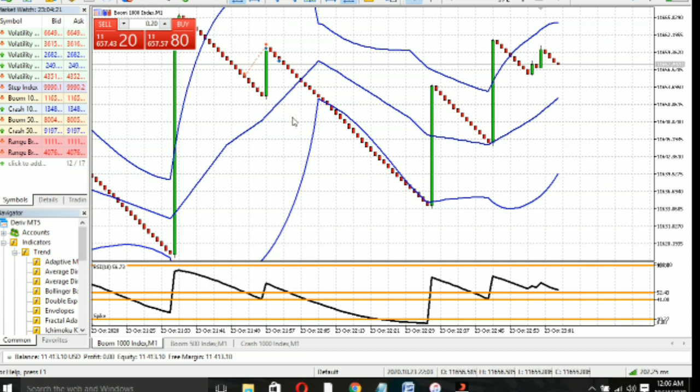In this tutorial you're gonna profit in two different ways. You're gonna profit by selling, and you're also gonna profit by buying for the spike. This is a very simple strategy, nothing much in it.